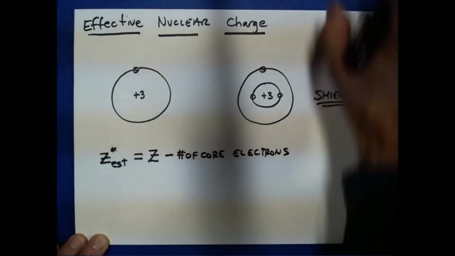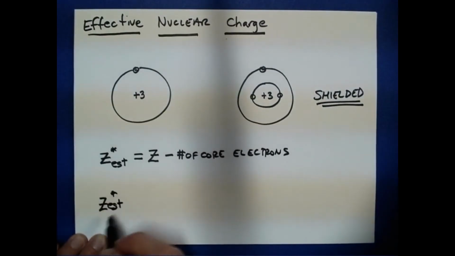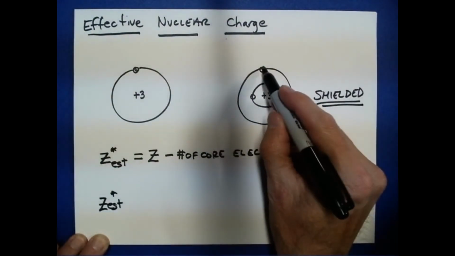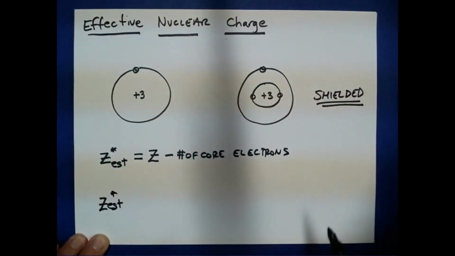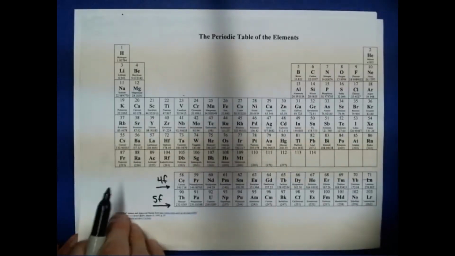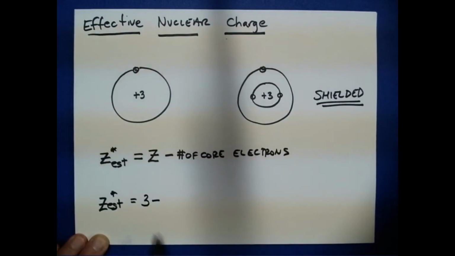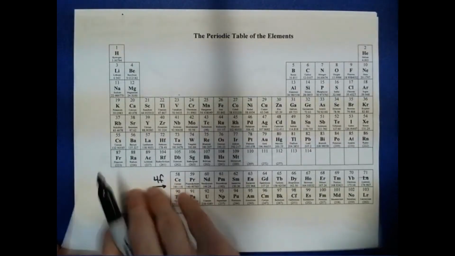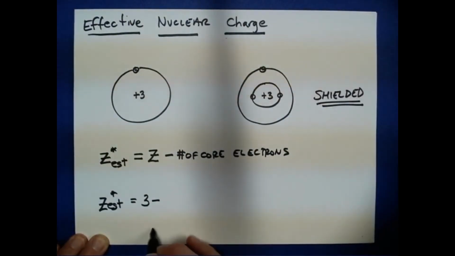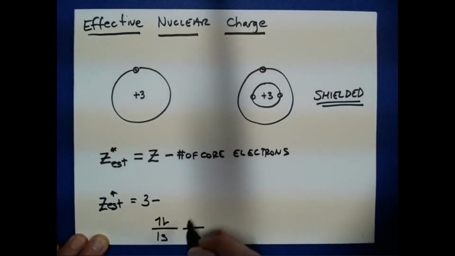So for the case of lithium, if we're going to find the estimated effective nuclear charge for the outer electrons, the valence electrons in lithium, what we do is we take the atomic number of lithium, which is 3, and then we'll subtract the number of core electrons in a lithium atom, which is 2. Now, you may not be able to see that real easily, but if we write out the electronic configuration of lithium, we see we have 2 electrons in the 1s and 1 electron in the 2s.